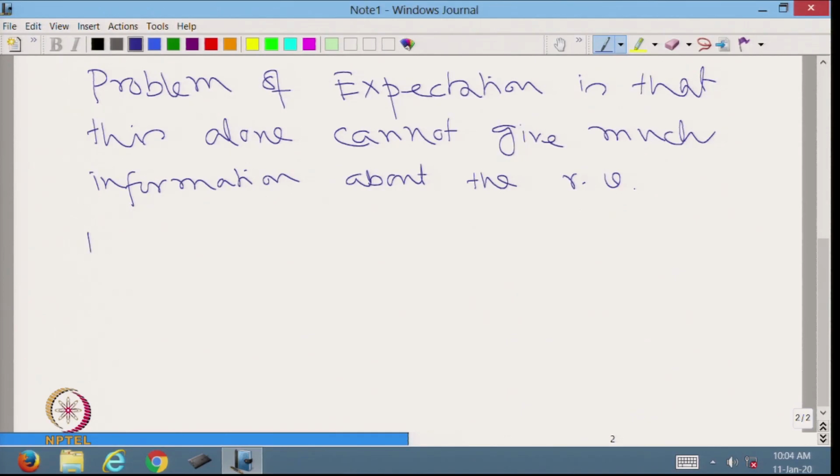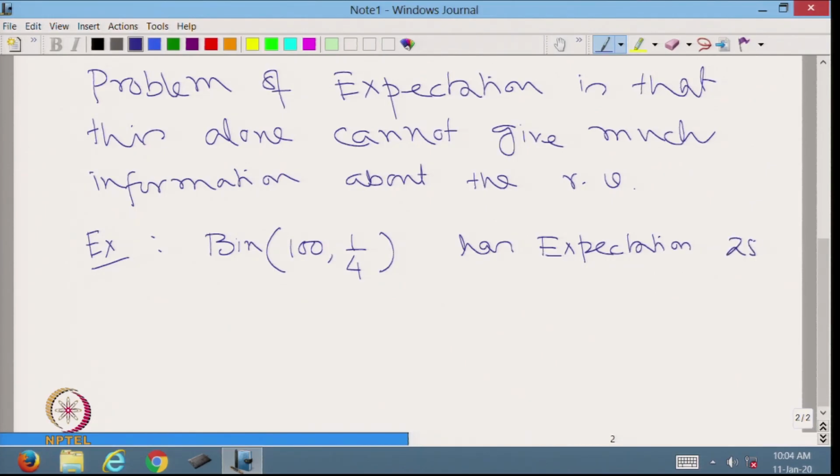For example, binomial(100, 1/4) has expectation np, which is 25, and binomial(150, 1/6) also has expectation 25.